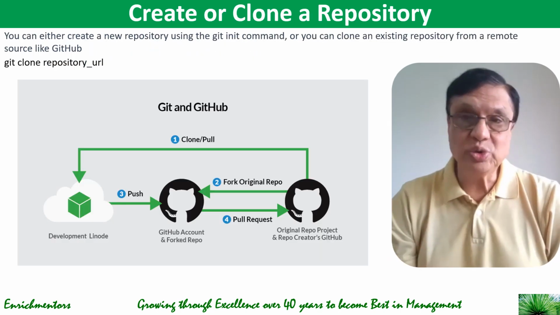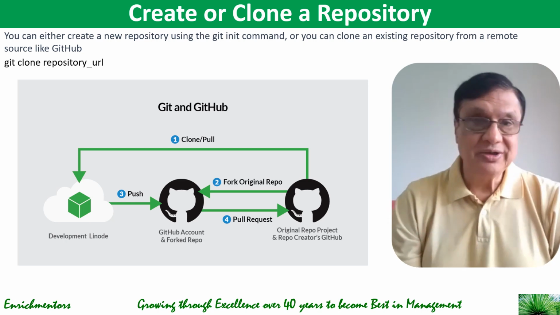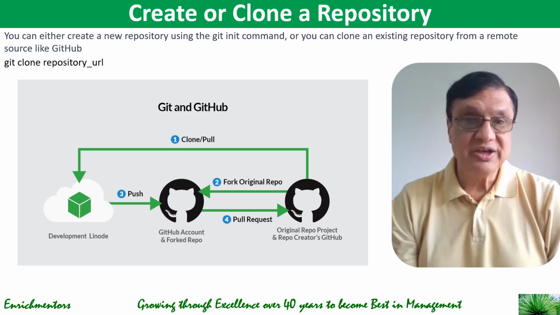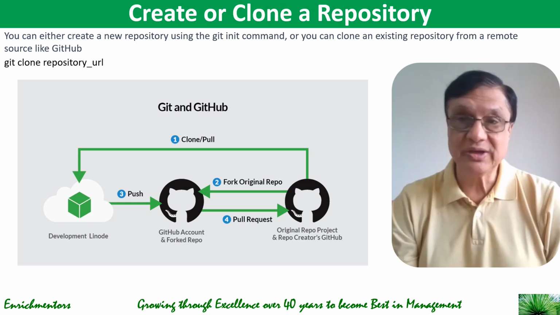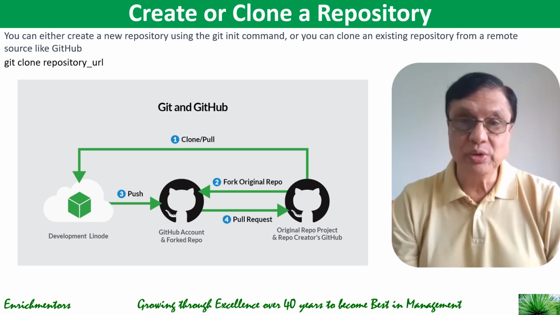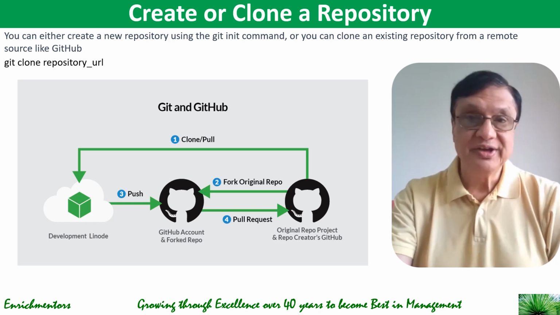You can also clone a repository. So you can use the command git clone followed by the URL from which you want to clone the repository. This way you can simply clone and pull if you have a repository in some other place of your work done.